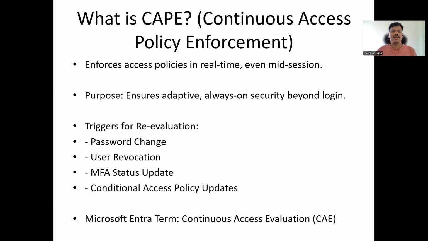And then whether that access token is active, whether we should keep it, or whether there is a risk, based on what I showed in the previous slide: whether the user is logging in from a non-compliant device, whether the user does not provide additional information to access that resource, whether the user's location is not allowed to access any of those resources. All of those are different triggers for it.